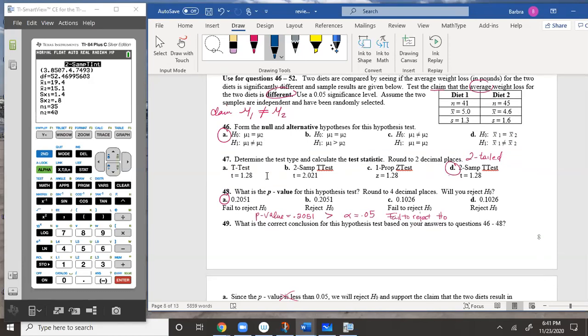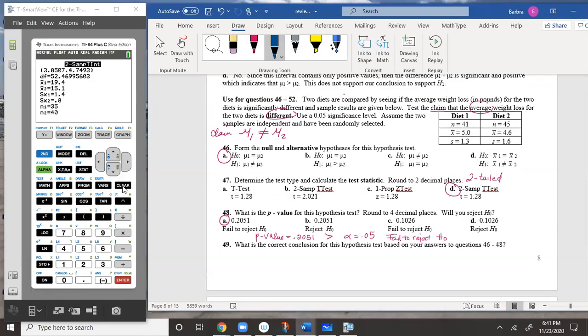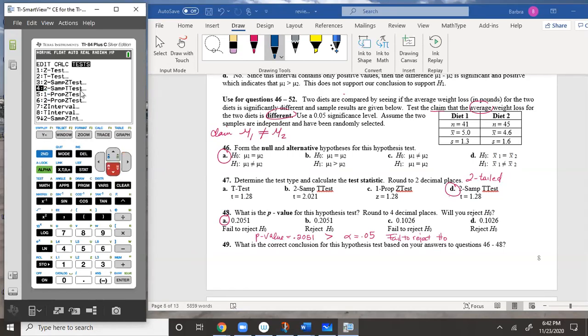And 47. Determine the test type. Well, this is a two sample means. So we're going to use our program here, STAT TEST, 2-SampTTest, hit enter, and we have our statistics. So now we're going to change the numbers.